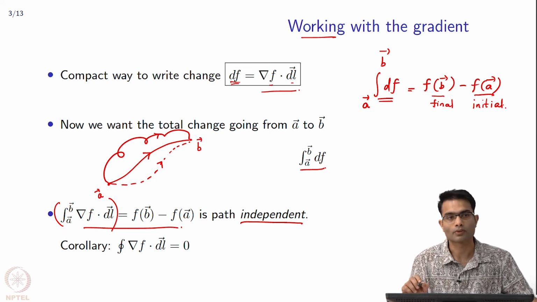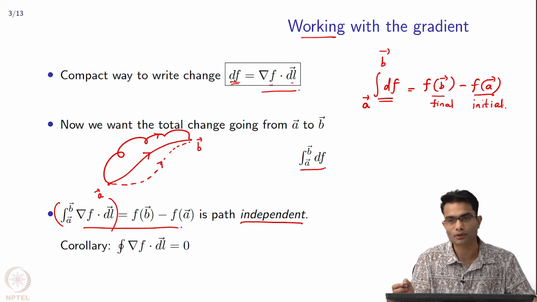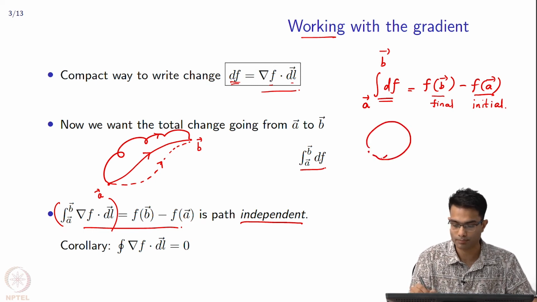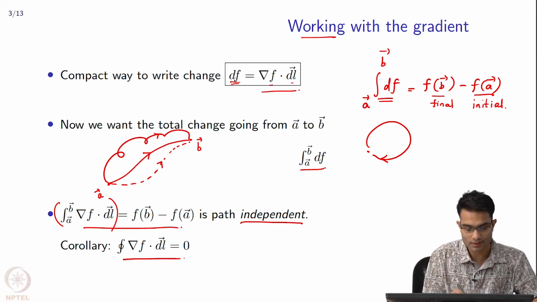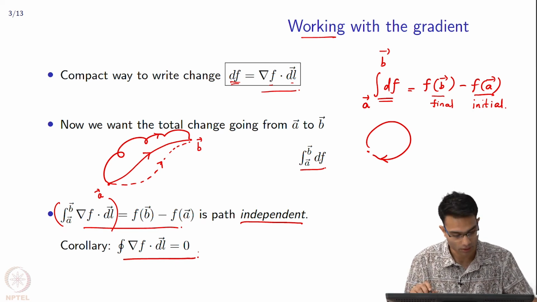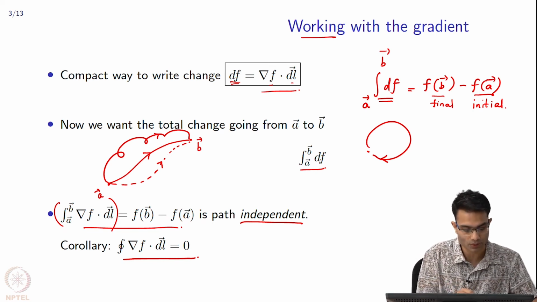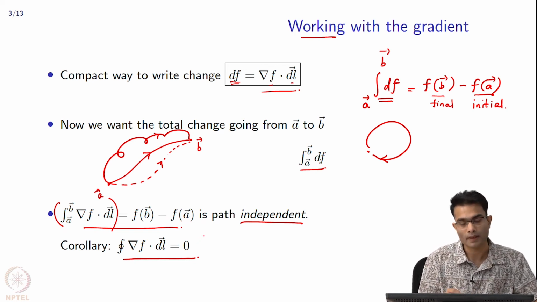So, you can see immediately a very straightforward corollary of this is that if I am going from one point back to the same point, right. So, in other words, the final and the starting points are the same, then this is true, right. The integral over a closed path. So, when I put on the integral sign a loop over here like this, it means that it is an integral over a closed path, starting point, initial point is the same, and this is going to be 0, right.